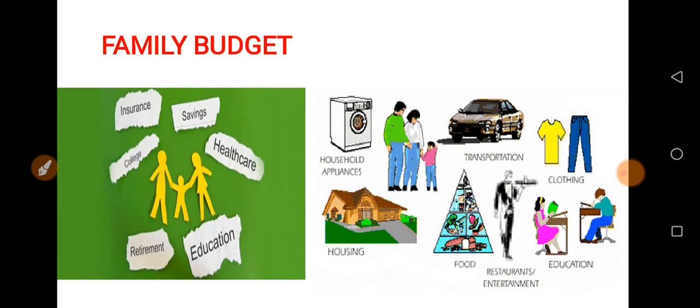Now, as you can see on the screen, these are the family budget items: household appliance, transportation, clothing, education, food, health care, savings, and so on.